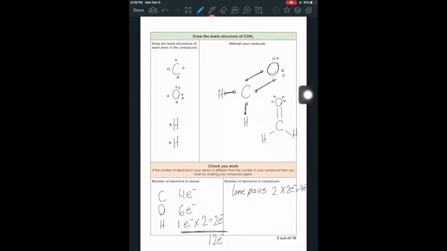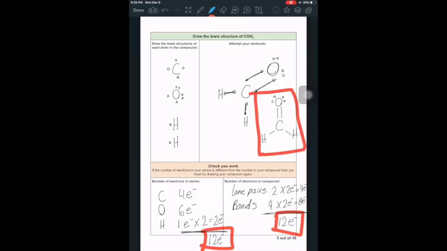So 4 in total. 4 times 2 electrons each equals 8 electrons. So my total number of electrons is 8, 9, 10, 11, 12. 12 electrons. So since my total of electrons before and after are the same, I know that this compound is most likely correct.